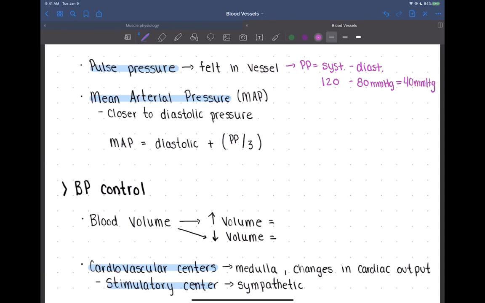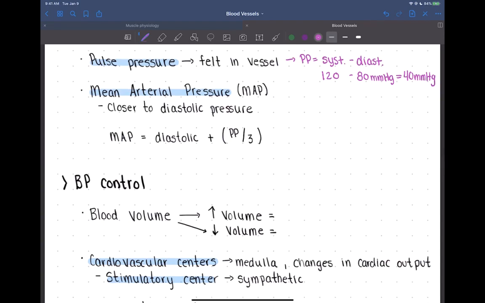Okay, so pulse pressure is just the difference between systolic and diastolic, and so then we can plug that number into our equation. So if the pressure is 120 over 80, that individual's diastolic pressure would be 80. And then we just calculated that their pulse pressure is 40.